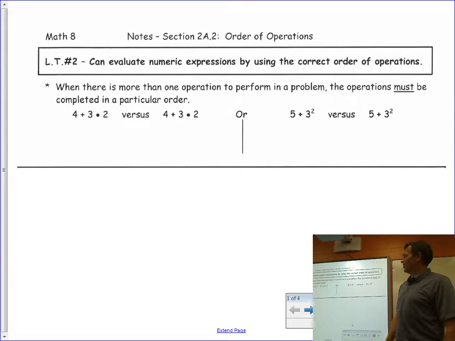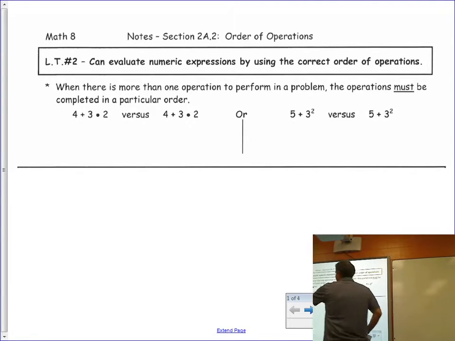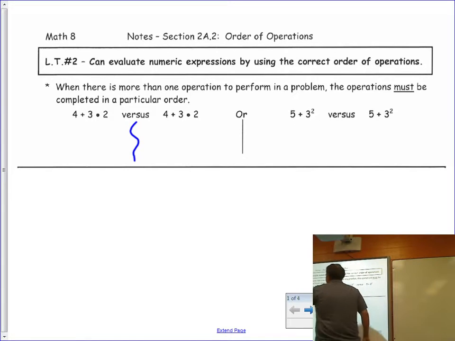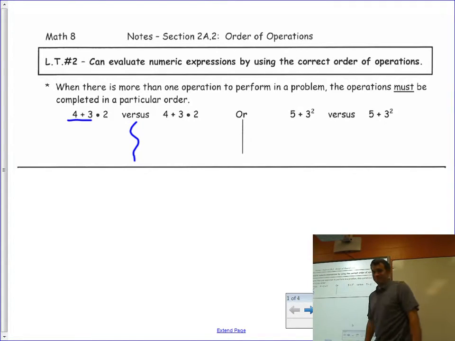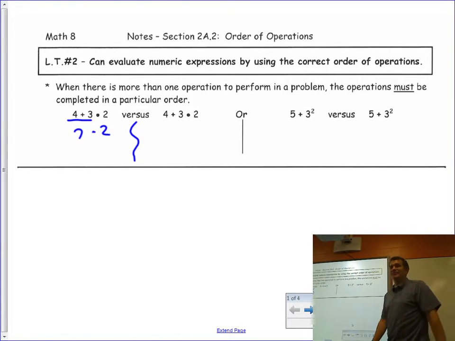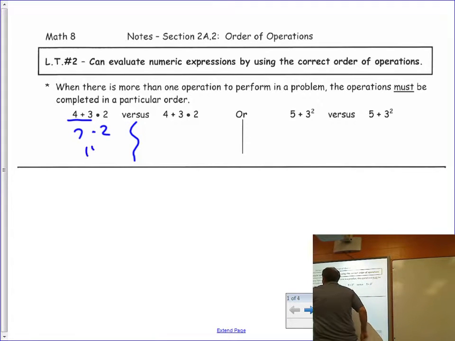When there's more than one operation to perform in the problem, the operations must be completed in a particular order. Here in the first example, I've got the same problem written twice. Now what would happen if I did 4 plus 3 as my first operation? That would give me 7, and of course then I would have 7 times 2, and that would give me 14.